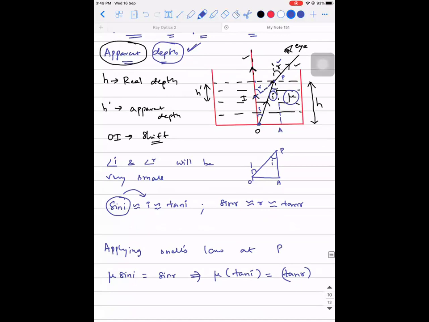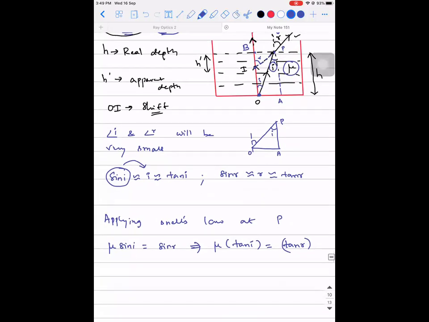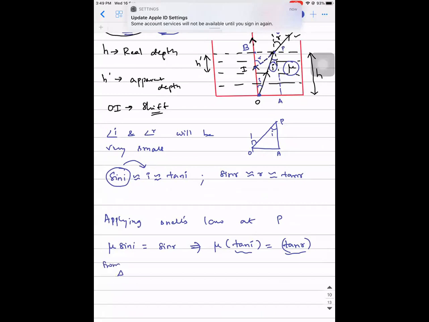Now see. If I take the triangle, how many right angle triangles are you able to see? Two, right? What are the two which will involve I and R? OBP. So from triangle OBP, what can you conclude?